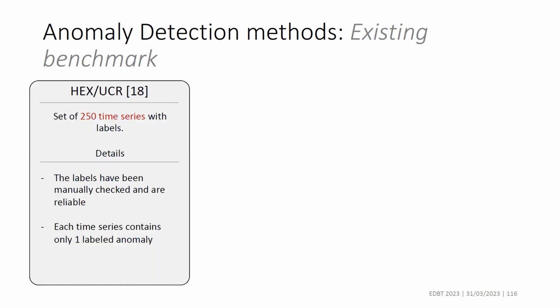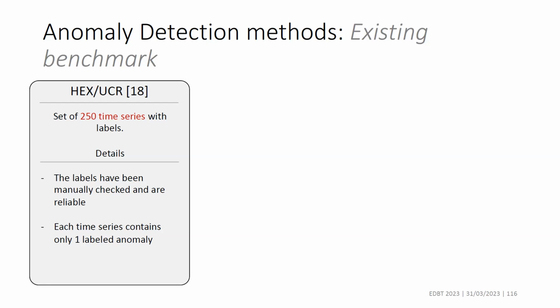The first benchmark is the XUCR benchmark. It was proposed by a student of Amon and Amon himself. They organized a competition in KDD 2021 on anomaly detection, and after the competition, they opened the benchmark they used.